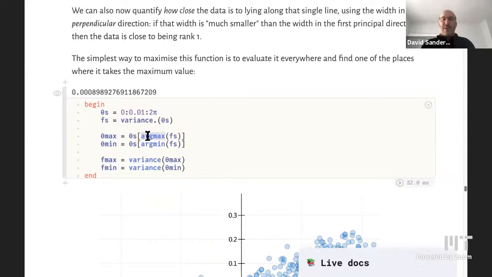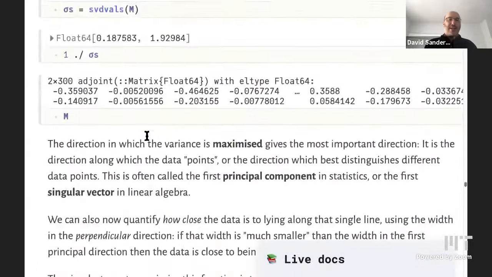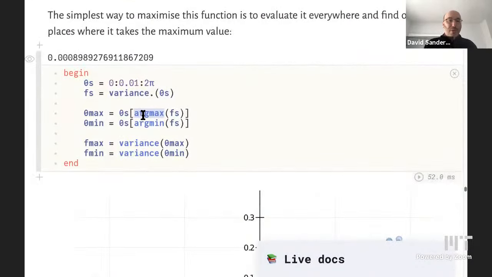So there's this argmax function in Julia, which tells me which value in the array gives me the maximum value. I'm not finding the maximum value yet.